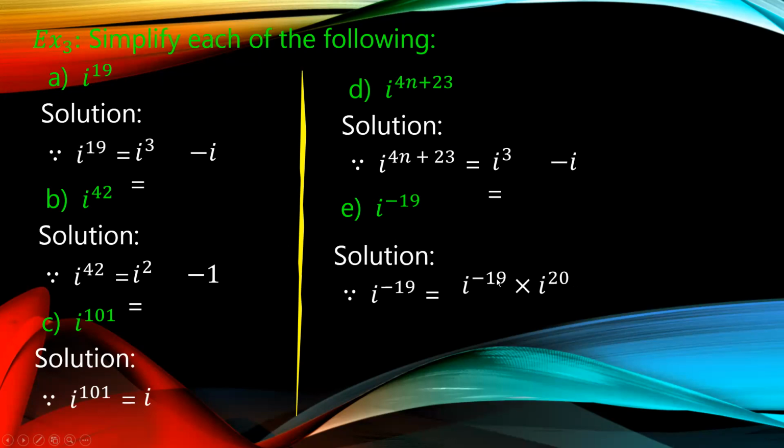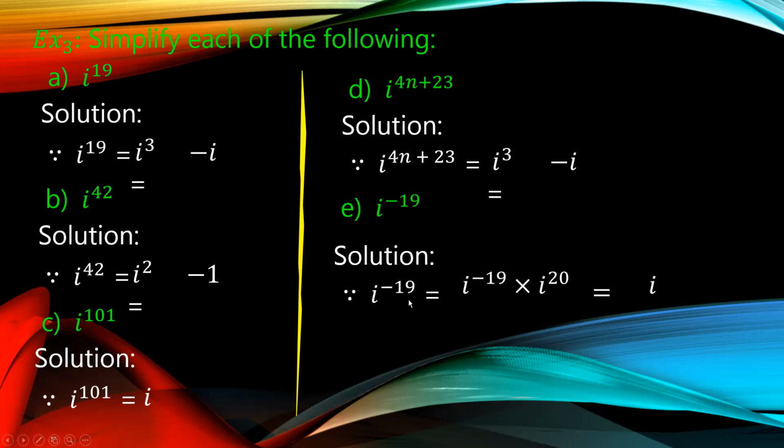Then i power negative 19 times i power 20 equals, in the case of multiplying, I add the power: negative 19 plus 20 equals i power 1. Again, if the power is negative, I will multiply this imaginary number by another one. This number equals 1.